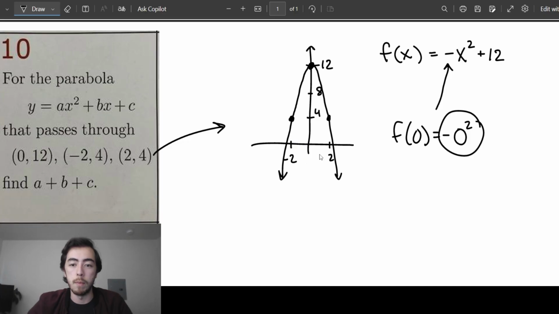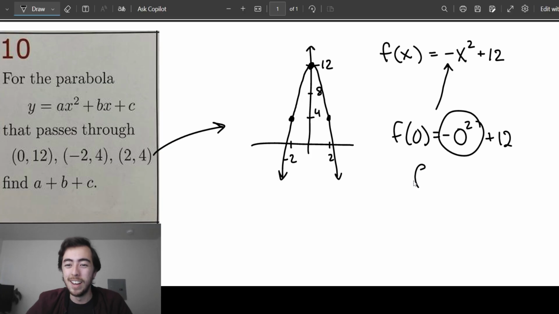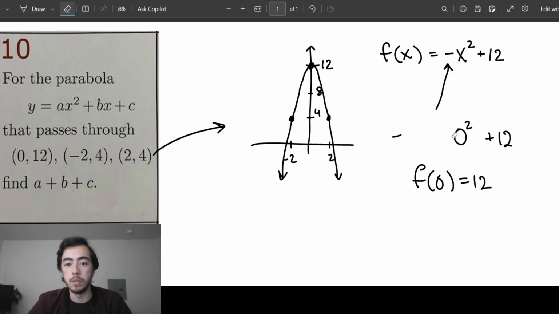So currently I'm imagining that the point is right here. But of course on the parabola, the point is raised 12 units upward. So this plus 12 is compensating for that, needing it to be raised 12 units. And now f of 0 is equal to 12. And I'm seeing that right here where I plug in a 0 and I get the value 12.